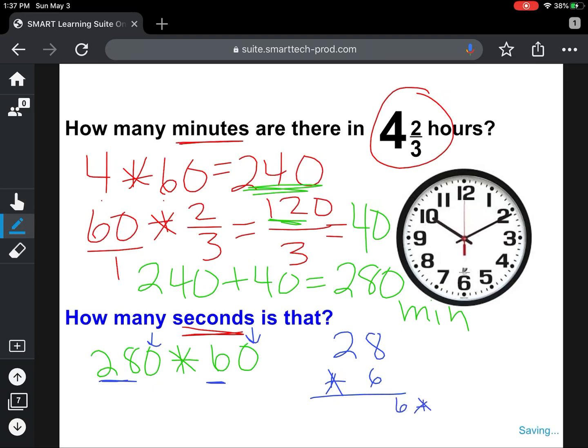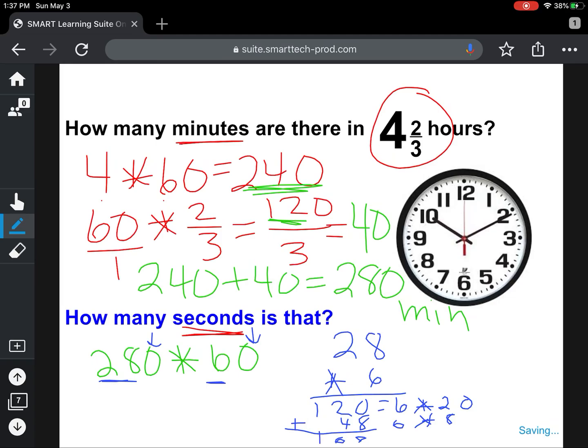I know 6 times 20, because that 2 represents 20, is 120, because 6 times 2 is 12, and add on the 0. Then I multiply my 6 times my 8, and that's 48. And then I can add those two together.